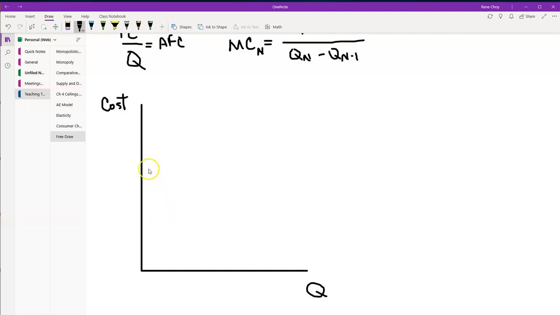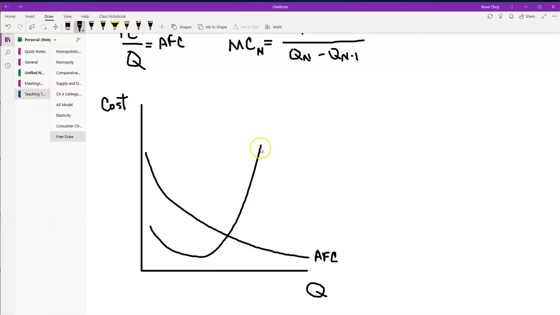So, for example, I like to put my average fixed cost kind of like this. So this is my average fixed cost. I like to make my marginal cost very, very steep. And again, that's to identify that one.